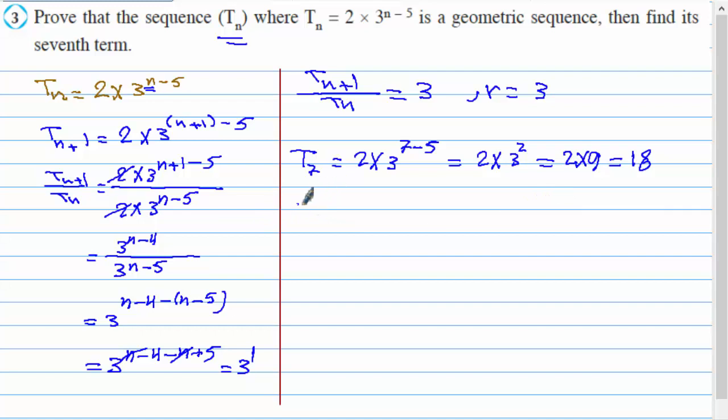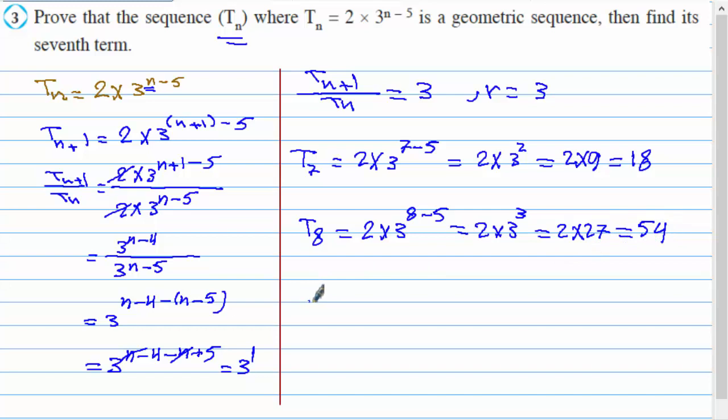Also you can find T8. T8 equals 2 multiplied by 3 power 8 minus 5, which equals 2 multiplied by 3 power 3. 8 minus 5 equals 3, so it equals 2 multiplied by 27, which equals 54.